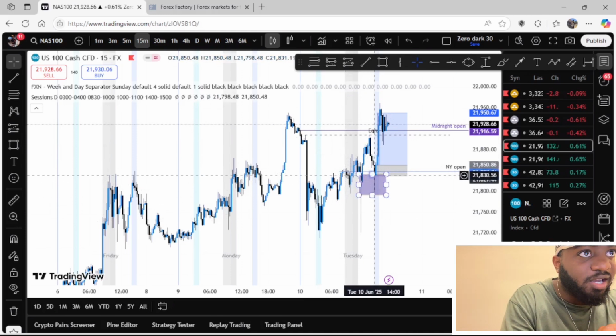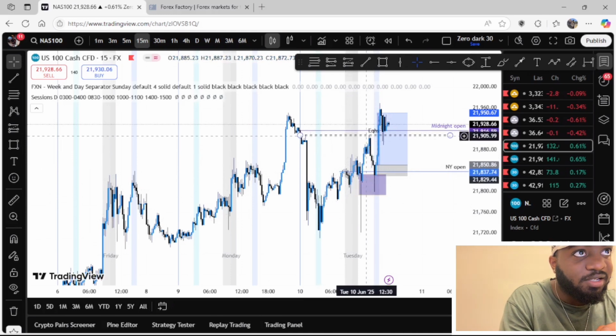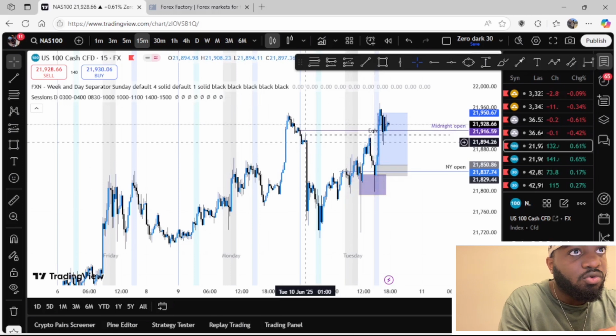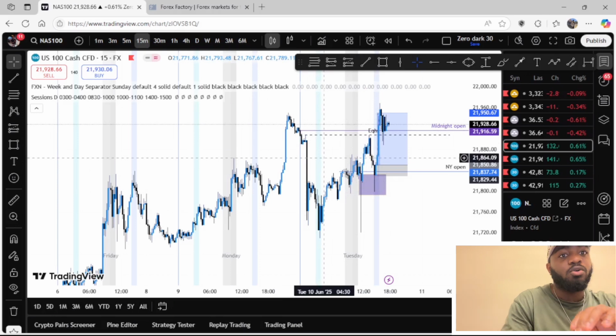So see how I got in here? This is an easy to attain high. This is easy buy. Relative equal highs here, buy side liquidity. So when you're mapping out liquidity, and I'm gonna make a video about liquidity, so I'm not gonna go too much into liquidity here. I'm just trying to give you guys a little context of what it is.